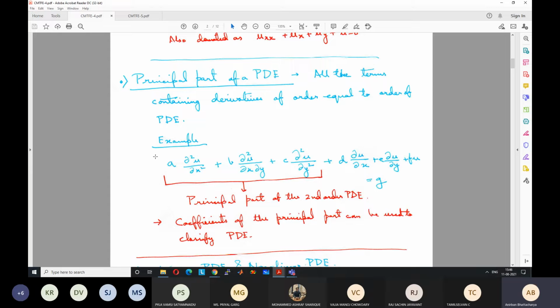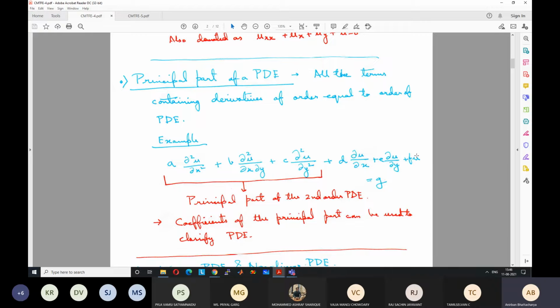We can write a general second order PD in this form, where all the possible terms are present: a del square u del x square plus b del square u del x del y plus c del square u del y square. These are all the second order terms possible. Then all the first order terms, d del u del x plus e del u del y.